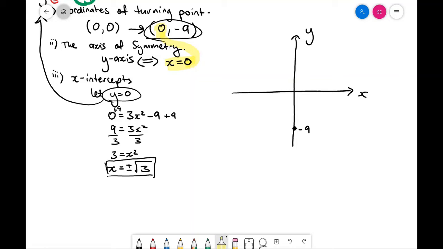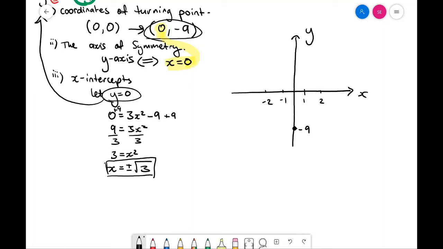And we also know that it's going to intercept at the square root of 3 and minus the square root of 3. Now, what's the value of the square root of 3? You can chuck it into your calculator, but it's somewhere between 1 and 2, and minus 1 and minus 2.